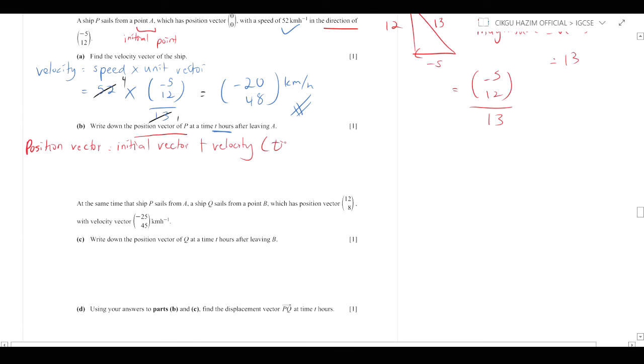The initial vector is their initial position, initial point.